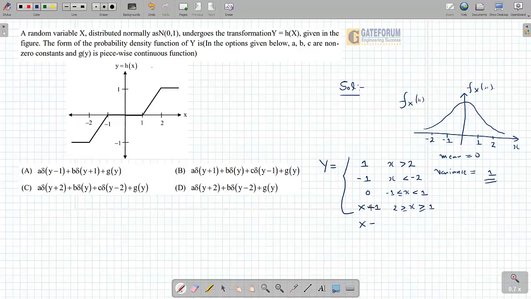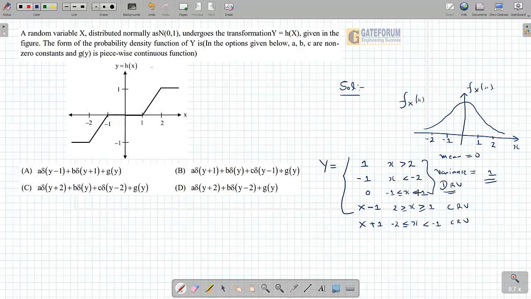Sorry, I think it should be x minus 1 here. Similarly, for x lying between minus 2 and minus 1, it will become x plus 1. So this gives the continuous random variable part, and the other is the discrete random variable part.